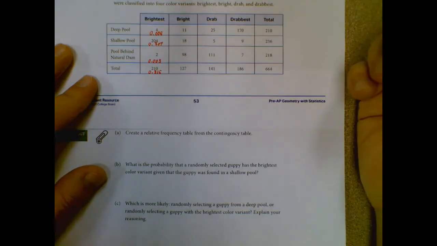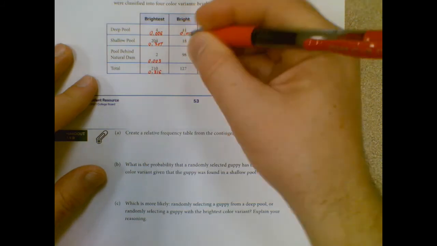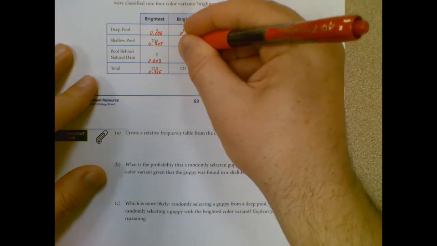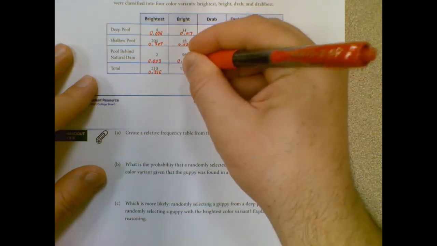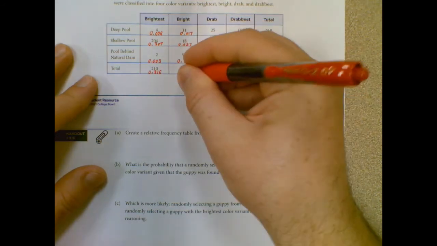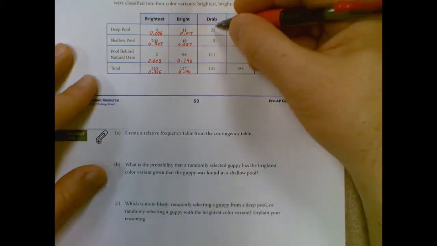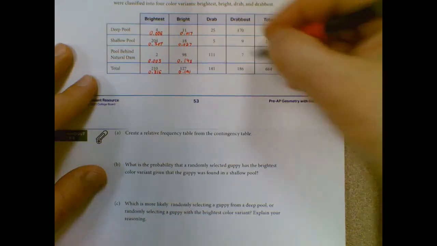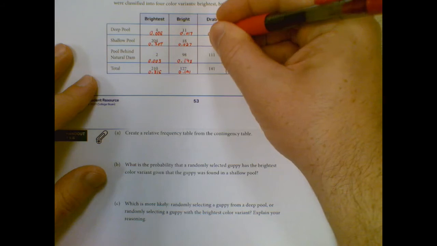Obviously these are all pretty much rounded, but 0.017, 0.027, 0.148, 0.191. So once again, I'm just dividing everything by 664 to get these. So 25 over 664, 5 over 664, 111 divided by 664. So that's how I'm getting these decimals.